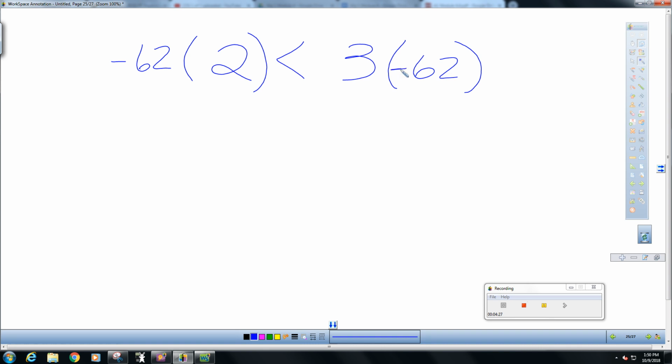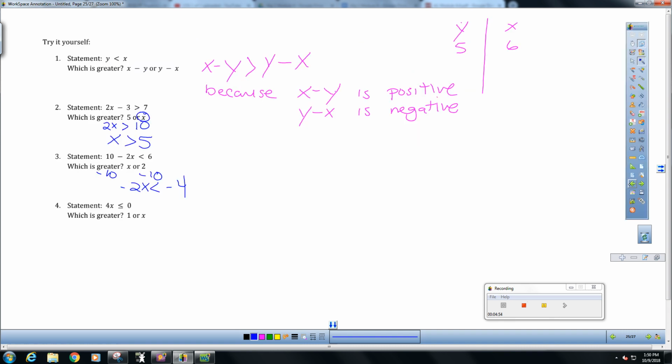On the left side, you get negative 124. And on the right side, you get negative 186. Is that right? And which one of those is bigger, Carson? Negative 124. So now do you understand why you flip the sign? Because that's the way the numbers work. Okay? So back to this one.